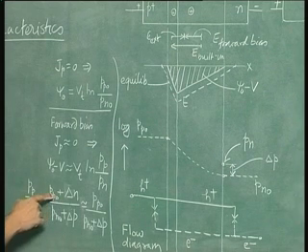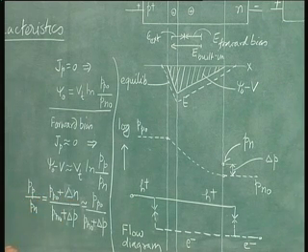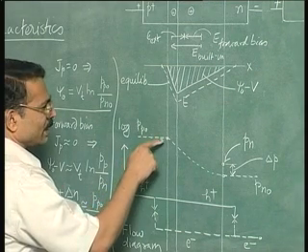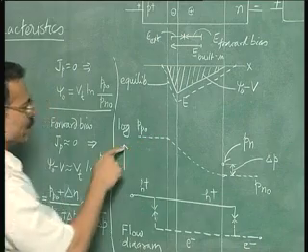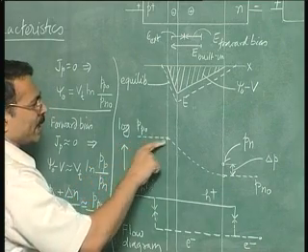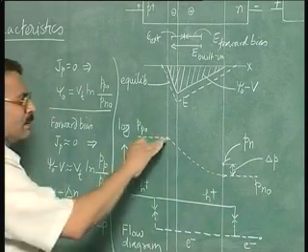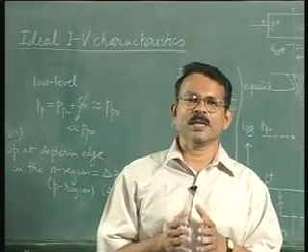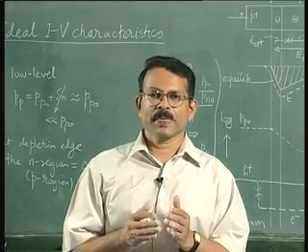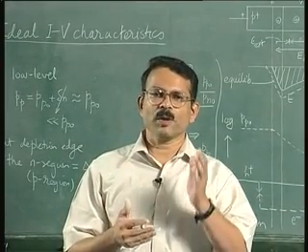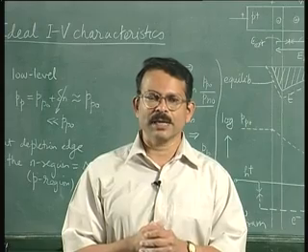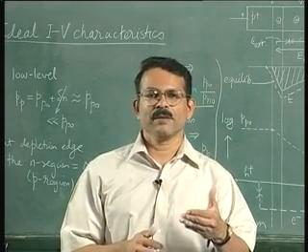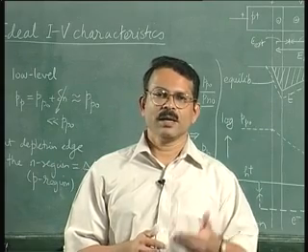Now PP0 plus delta N is approximately equal to PP0. That is the consequence of low level assumption, which means that even under applied bias on a log scale the majority carrier concentration will not be disturbed. So this particular fact we have emphasized in our discussion on excess carriers, that low level conditions means that when you plot majority and minority carrier concentration on a log scale, the majority carrier concentration appears undisturbed, whereas the minority carrier concentration however is definitely disturbed.